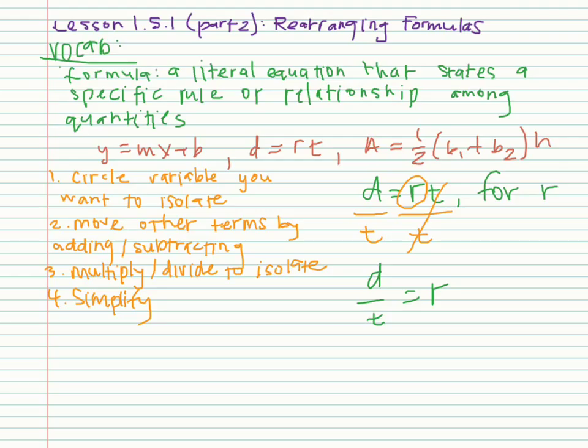So I want to check, is my r alone? Yes, r is the only thing on the right side. And checking step 4, can I simplify this further? Well, I can't simplify d divided by t because I don't know what they represent. So I'm just going to flip this around. Instead of d divided by t equals r, I'm going to say r equals d divided by t.